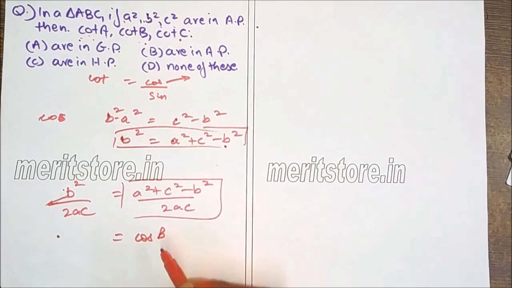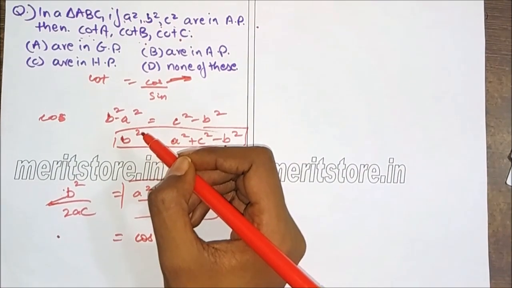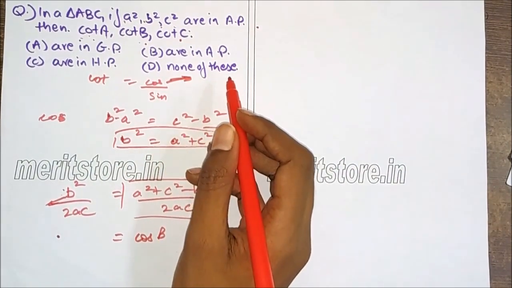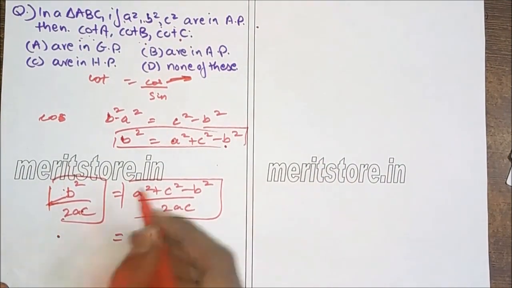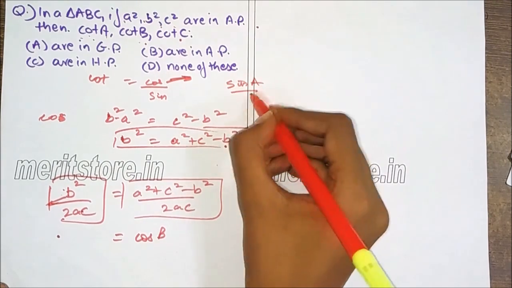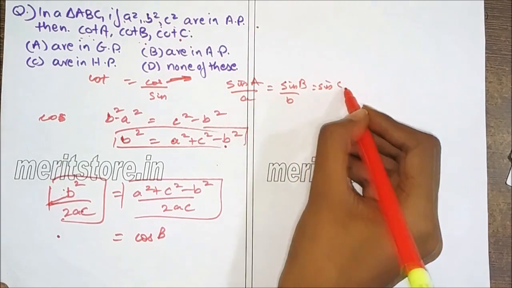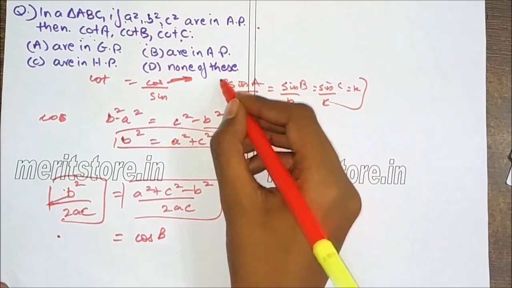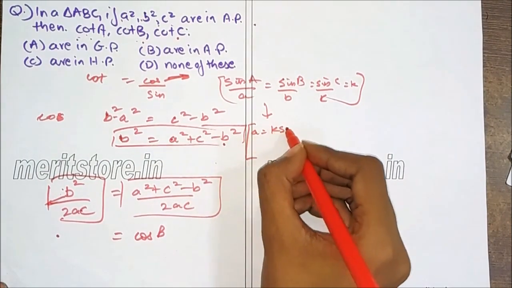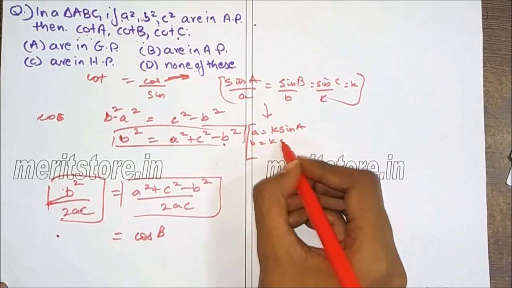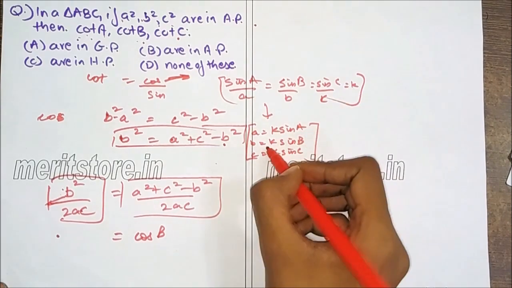So this is cos B, and now by using the sine rule. Since we got one cos, we need one sine. So now we bring this term in terms of sine of angles. We know that sine A by a equals sine B by b equals sine C by c, which is equal to 1 by K. So therefore we can say a equals K sine A, b equals K sine B, and c equals K sine C. So we substitute this here.